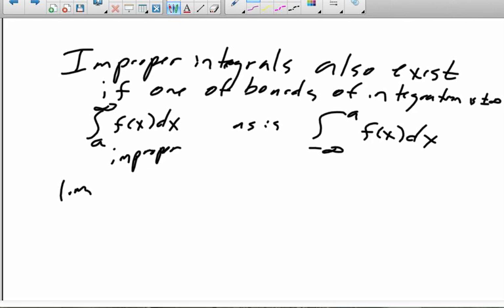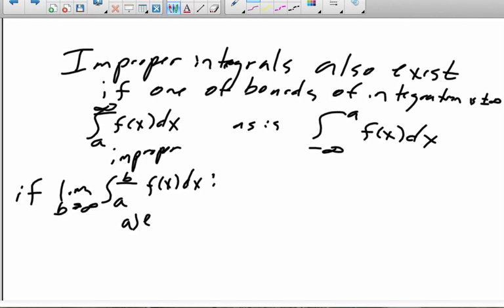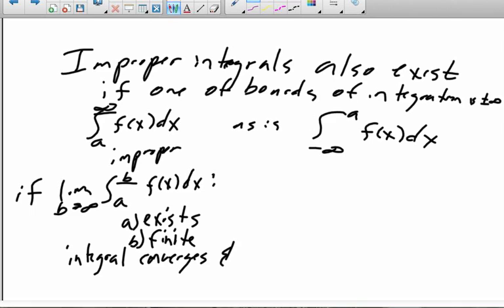So the limit as b goes to infinity of the integral from a to b, and you see what I've done is I've substituted b in for my infinity, of f of x dx, if this exists and is finite, in other words, you get a number, then the integral converges, and we can evaluate.